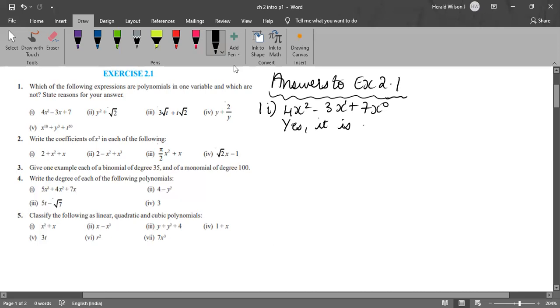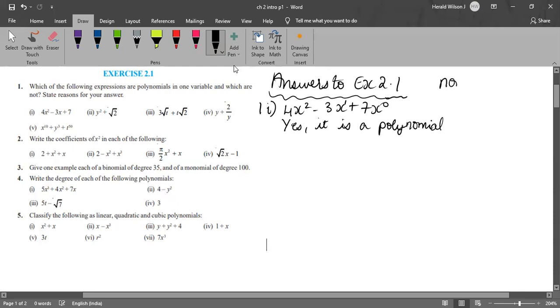But can you tell me, my dear friends, why is it a polynomial? I've given you half the answer, but why is it a polynomial? If you understood what a polynomial is, this will be absolutely easy for you. So polynomials are expressions whose variables have nothing but non-negative integral powers.